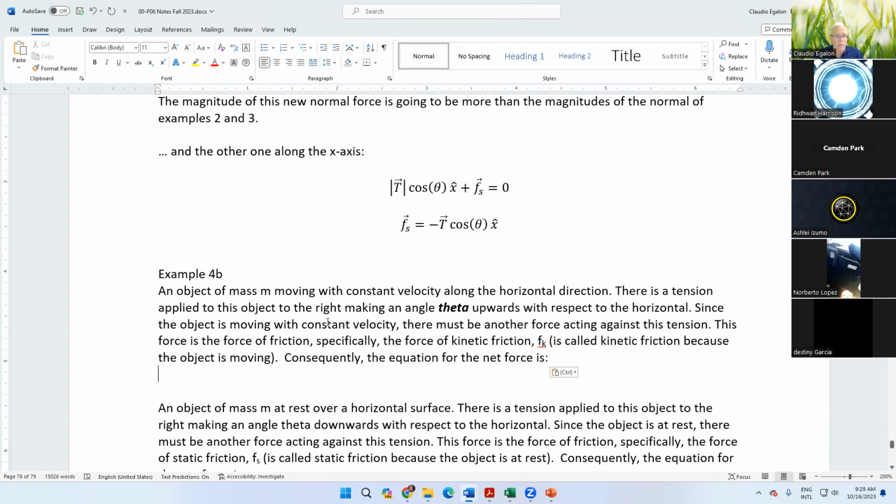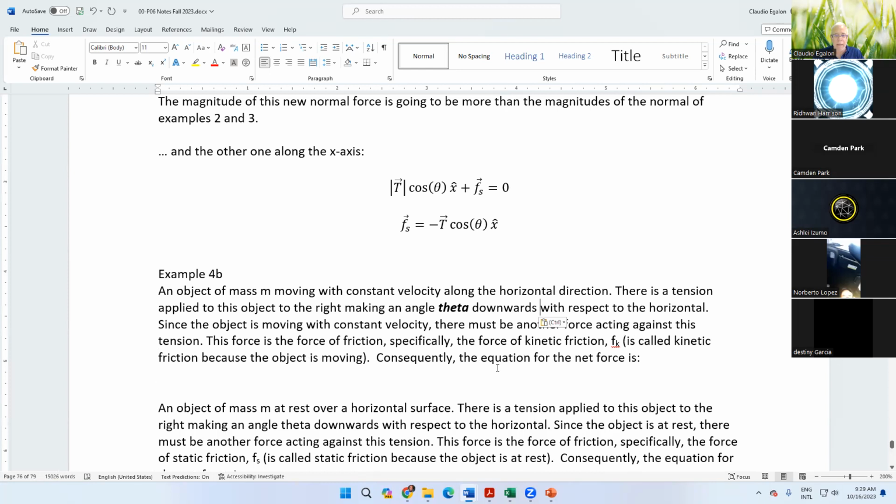There's a tension applied to the right, making a downward angle theta with respect to the horizontal direction. Since the object is moving with constant velocity, there must be another force acting against this tension. This force is the force of friction, specifically the force of kinetic friction. It's called kinetic friction, right?